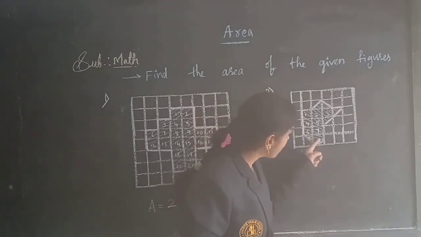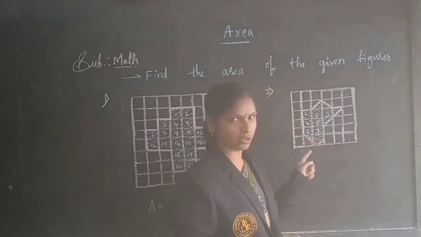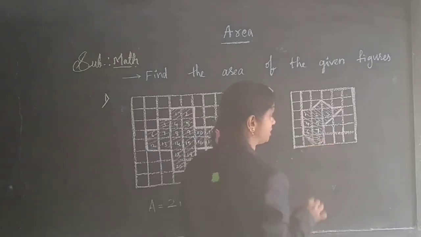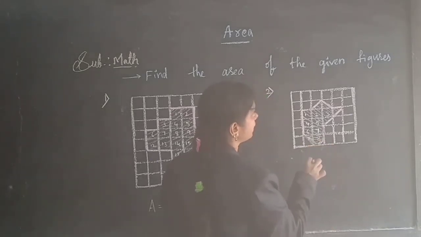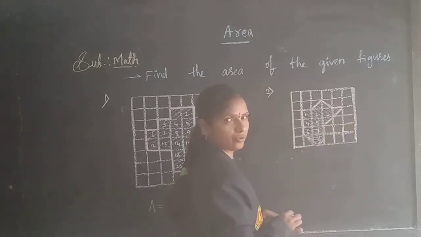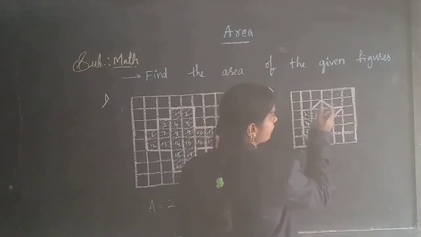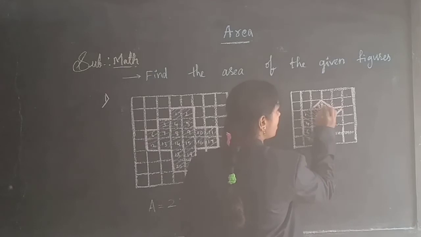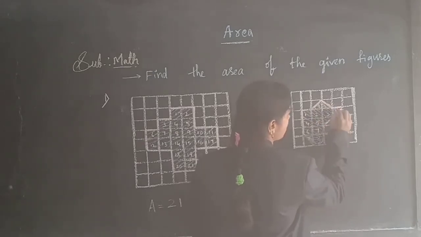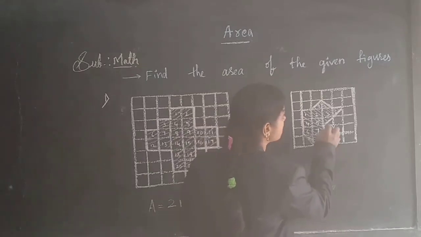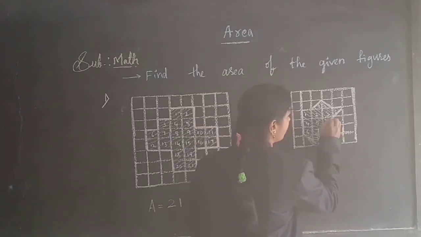This square is covered more than half. You can observe carefully. So I am taking this as 1 unit, which is 8. Coming to this, the region is covered only half. This region also covered only half, and this region also only half. So here I am treating it as half, here also half, here also half, and here also half.